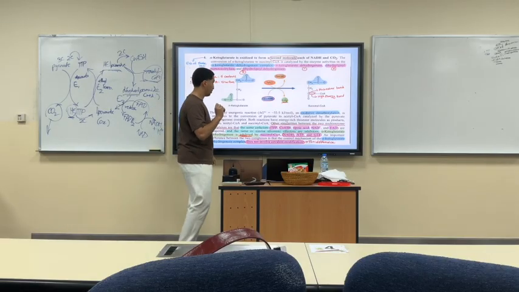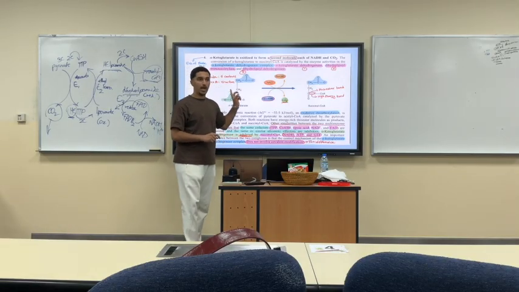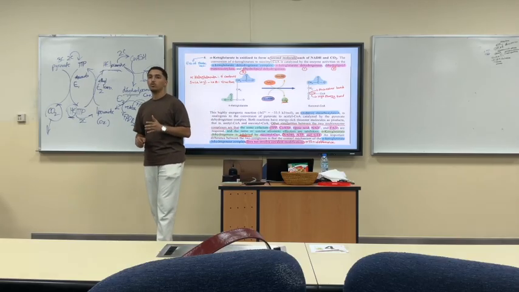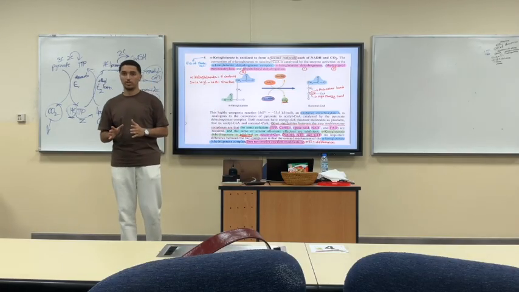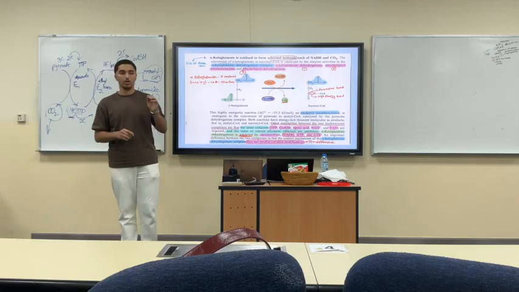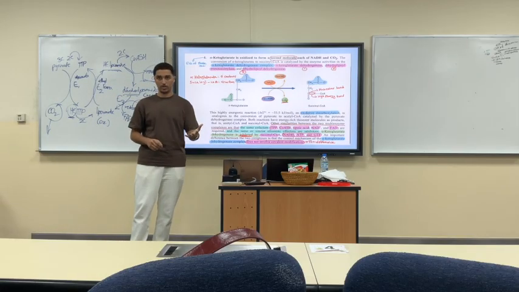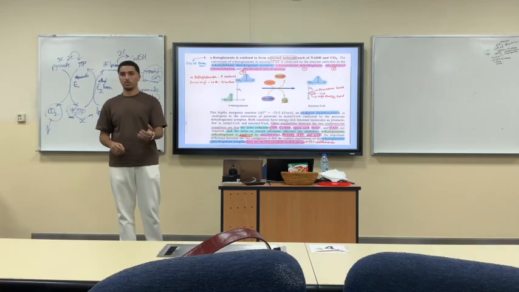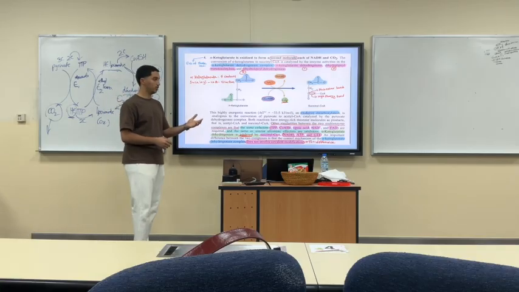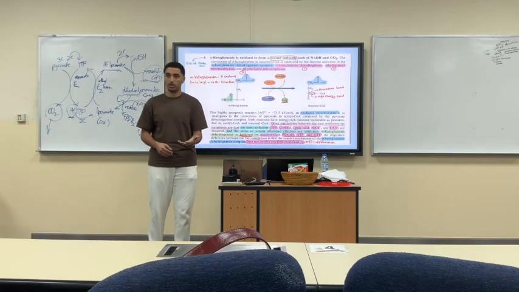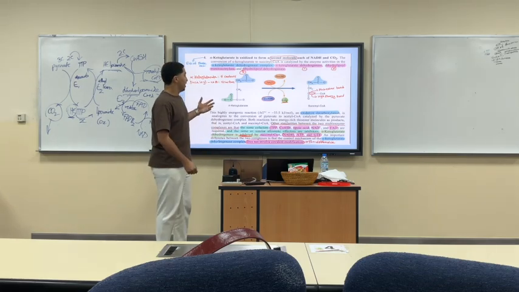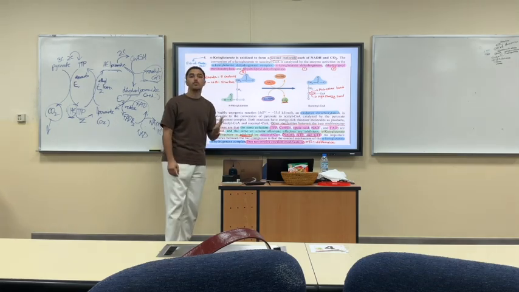Something you need to know is that the enzyme that catalyzes this reaction is called the alpha-ketoglutarate dehydrogenase complex. Once we mention a complex, you know that it consists of many enzymes and coenzymes. It is similar to the pyruvate dehydrogenase complex my colleague mentioned. It has 3 enzymes and 5 coenzymes.